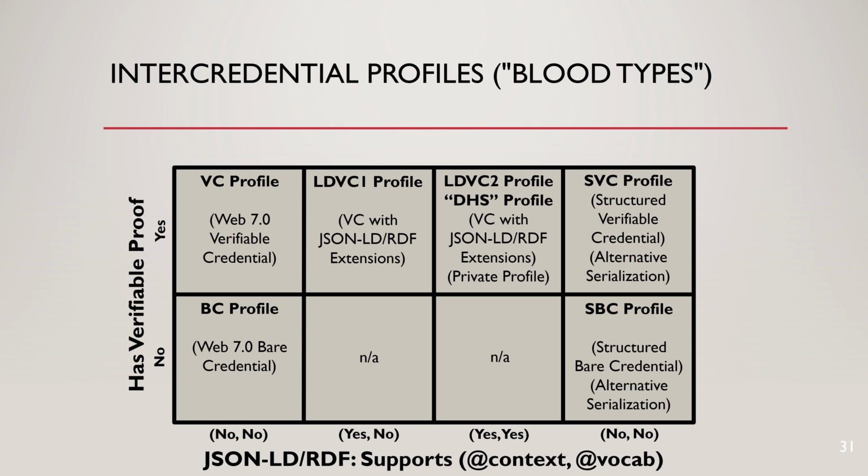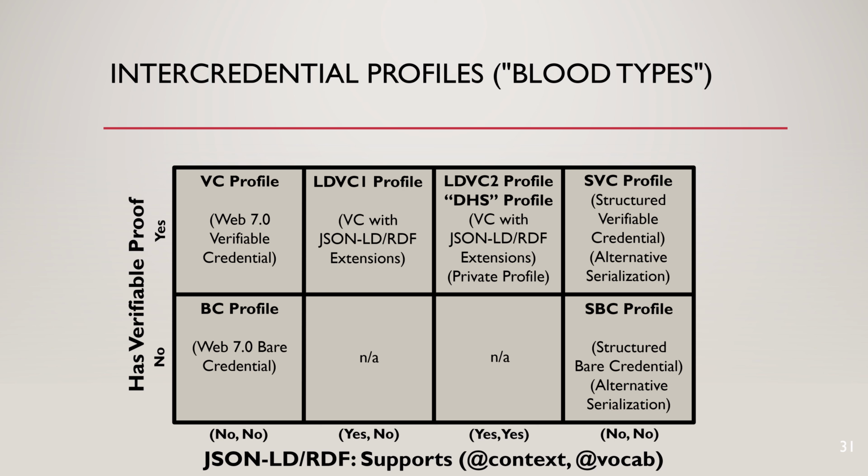It's a credential that has an identity as one of its attributes or claims or properties. It does not have a verifiable proof. You can see that on the vertical axis. At the top of the vertical axis, we have the VC profile, which is a verifiable credential. It's a bare credential that has a verifiable proof.